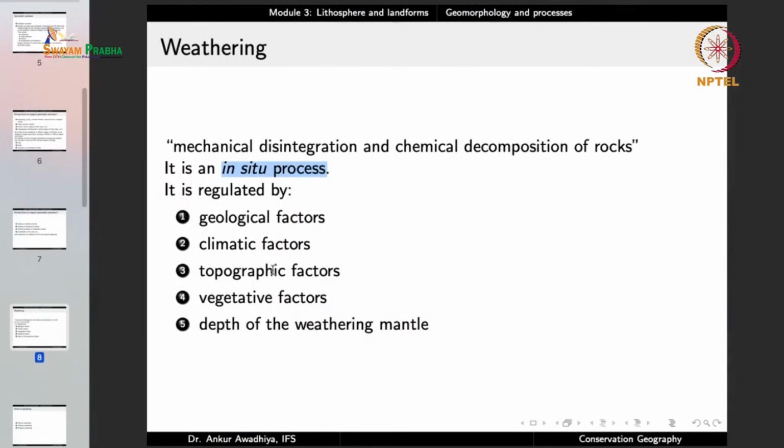It also depends on topographic factors. Things like whether these areas are on a height or whether they are in a depression. If you have things at a height, then probably those areas will typically have less rainfall, or the rain will not be able to stand in that area. It will quickly get washed away.